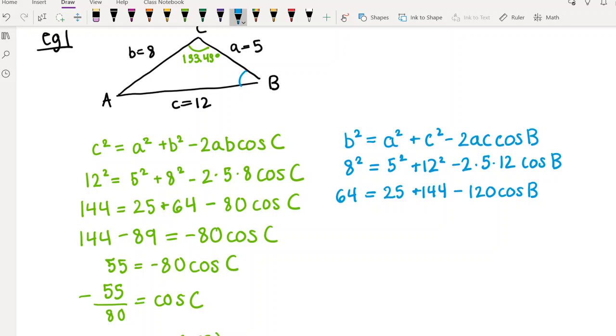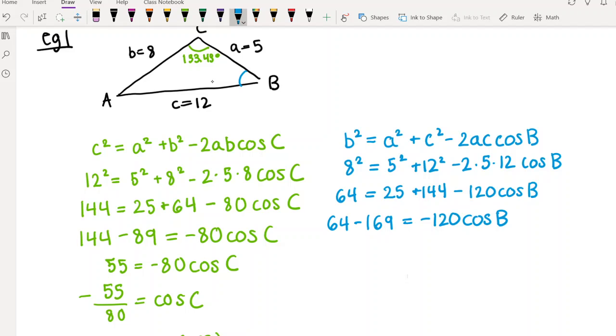Don't try to combine these numbers. They don't go together. It's like if you had 5 minus 3x, that's very different from 2x. If there's no parentheses, assume that coefficient is not connected to the other numbers. So on the right-hand side, that's 169, and we have 64 minus 169 is equal to negative 120 times cosine of B.